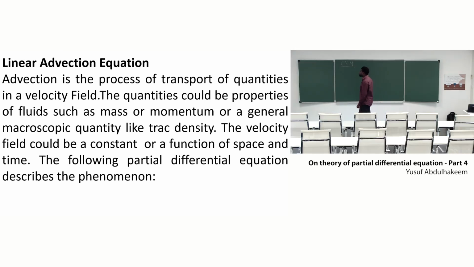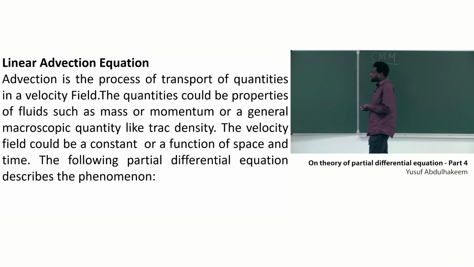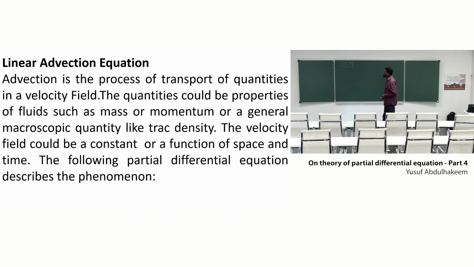The quantity could be properties of the fluid, such as mass, or the momentum, or generally a macroscopic quantity like the track density. The velocity field could be a constant or a function of space and time. The following partial differential equation describes the phenomenon.